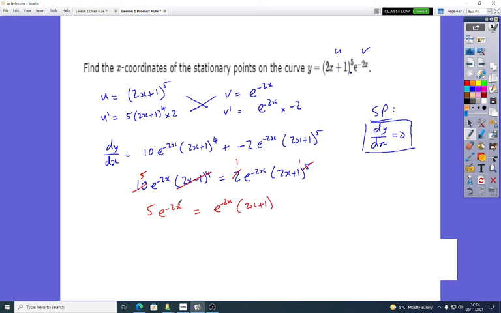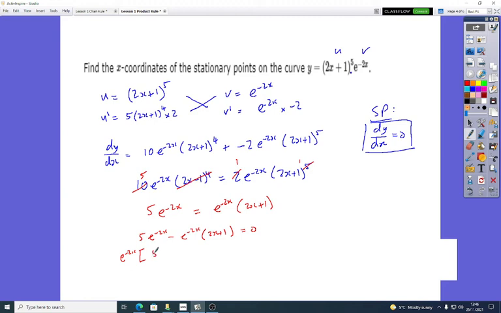Now, I'm going to bring it all to one side and then factorize it. So I've got 5 e to the minus 2x minus e to the minus 2x bracket 2x plus 1 equals 0. Take the common factor out, which is e to the minus 2x.